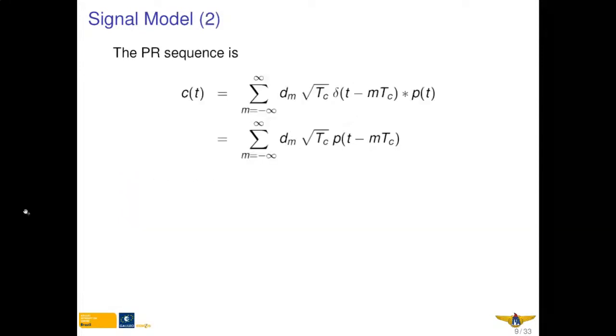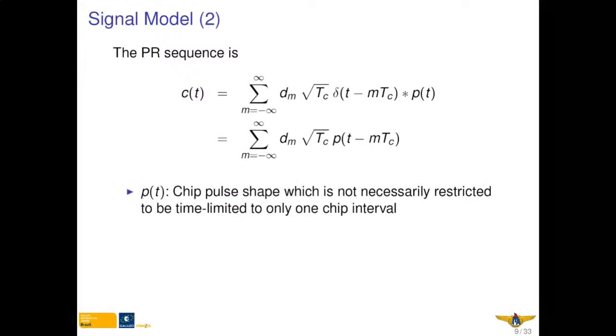The PR sequence, the spreading sequence, can also be given by this formula, where this is the Kronecker function, and this is the convolution operator. p(t) is the chip pulse shape, which is not necessarily restricted to be time limited to only one chip interval.